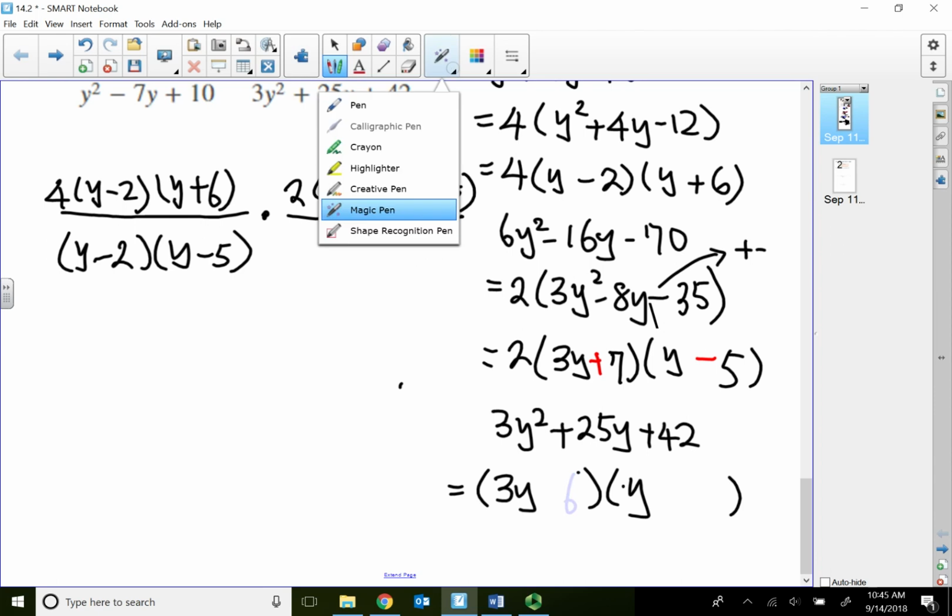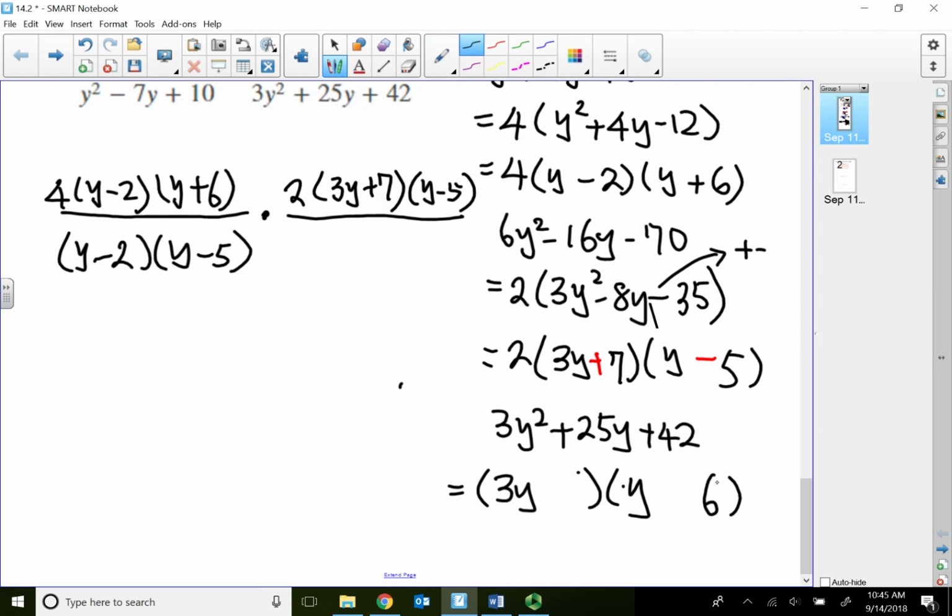So naturally, the 6 has to go with the y, the 7 has to go here. So my outer is 18, my inner is 7. So 18 and 7, inner and outer combined, will be 25. All right, since the last sign is positive, the choice for the signs in parentheses are plus plus or minus minus. So to end up with a positive 25, both my inner and outer have to be positive. So now I have 3y plus 7 times y plus 6 down here.